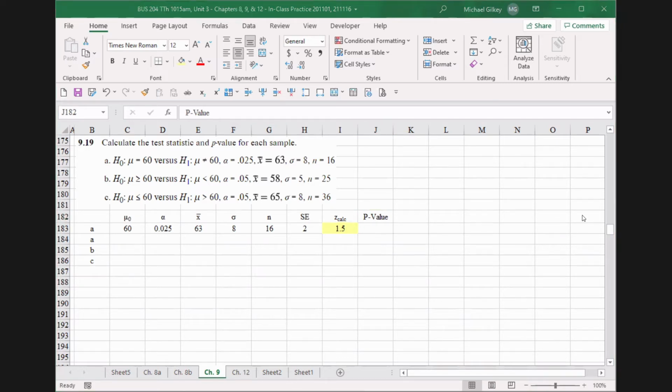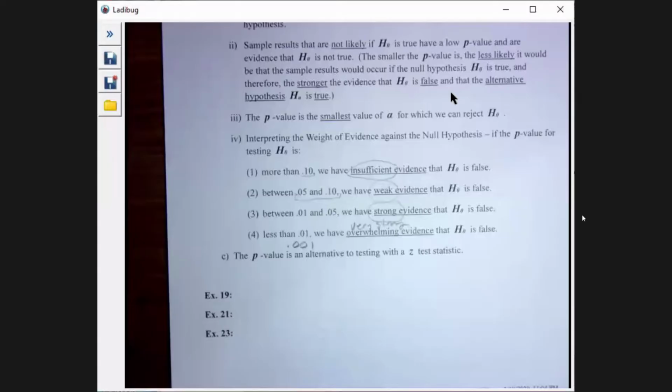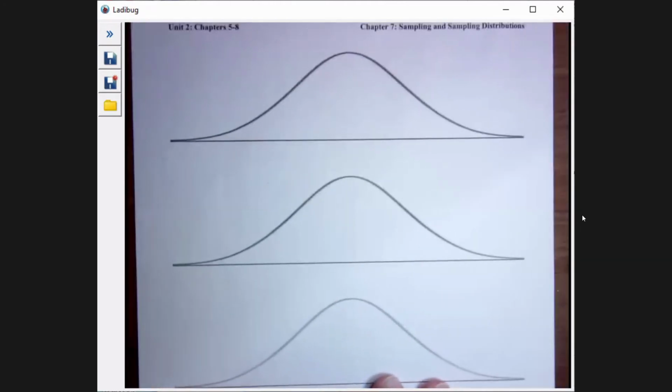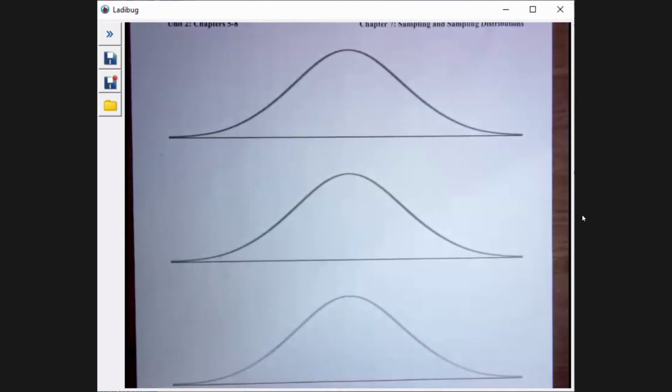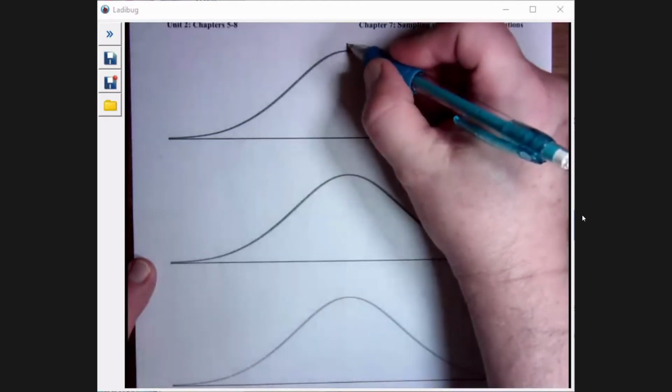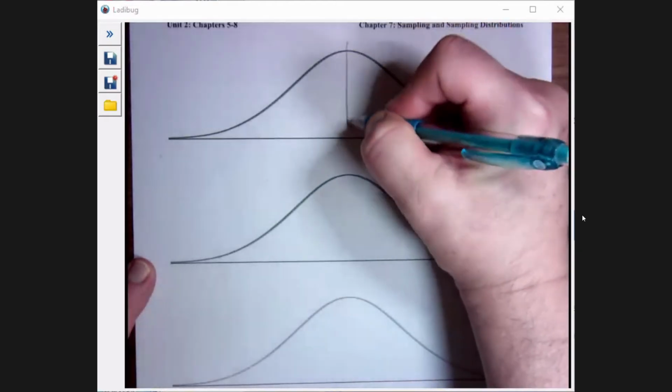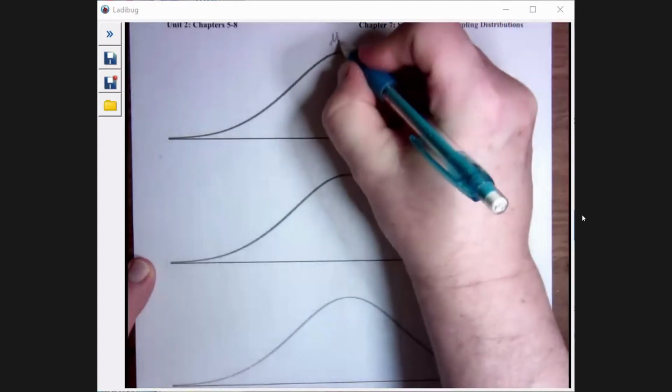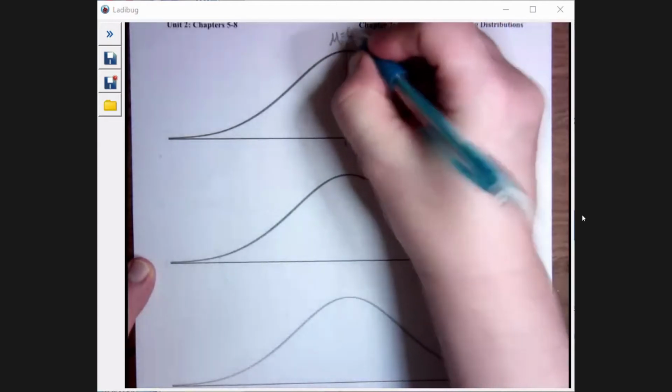Let's draw a little picture of this just to make sure we know what we're doing here. We're using our standardized value, but I'm going to draw in the real world values first. Our hypothesized mean is 60.